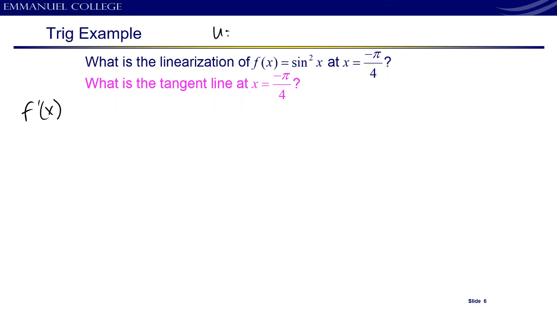And you got to think of u as sine of x. So this would be 2u times the derivative of sine of x, which is cosine of x. So this is going to be 2 sine x cosine x.